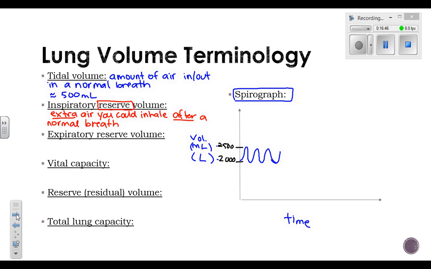So, your inspiratory reserve volume starts where your tidal volume ends and would be represented by the amount of air maximum that you could take in if you took the deepest breath that you possibly could.